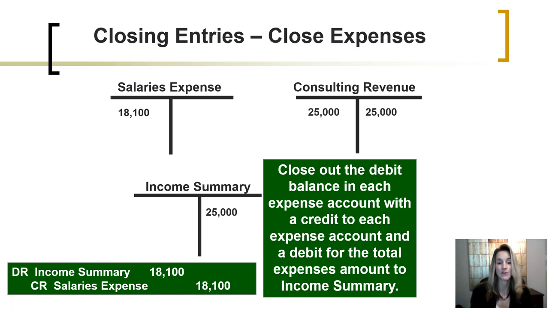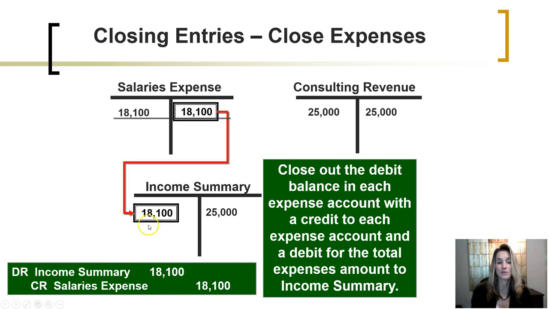We will transfer that $18,100 into the income summary account by debiting it. So the journal entry is a debit to income summary, credit to each expense account for its balance. What we have now done is zeroed out the expense account. Its balance is 0. It is closed.